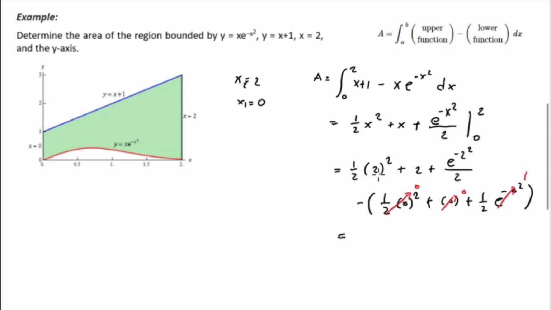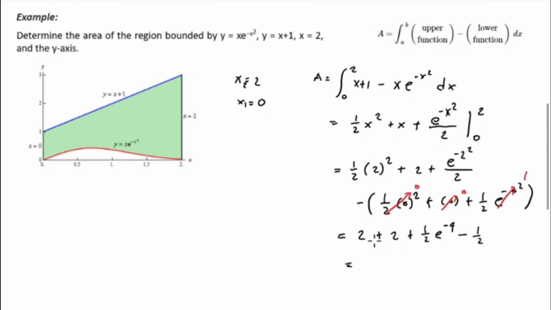So we have 1/2 times 2 times 2, 4, or it will be 2, plus 2, plus 1/2 of e^(-4), and we have negative, 0 plus 0 plus 1/2 times 1, or 1/2. So this will be negative times 1/2, or 1/2.